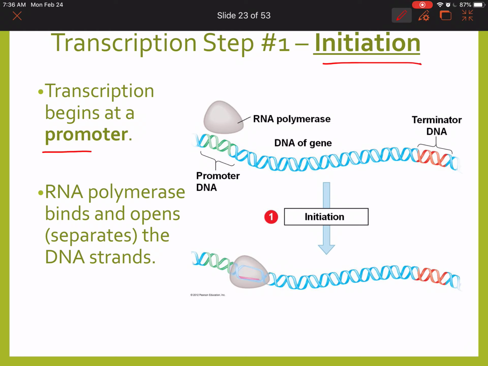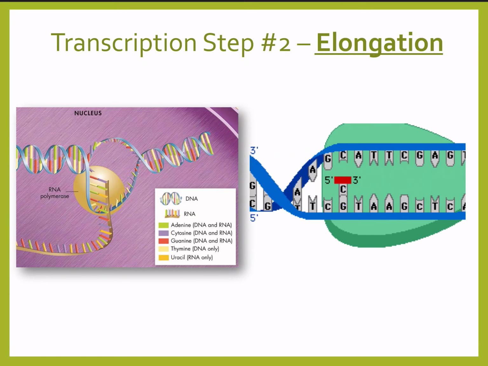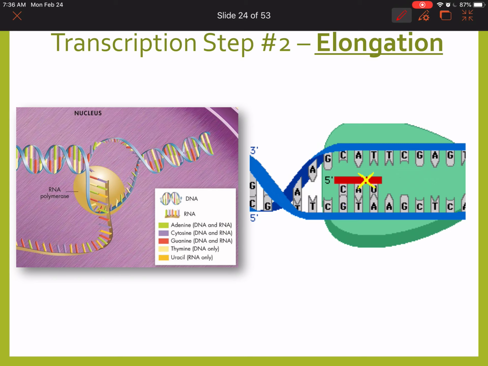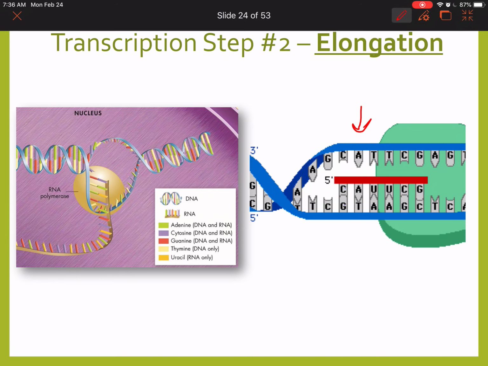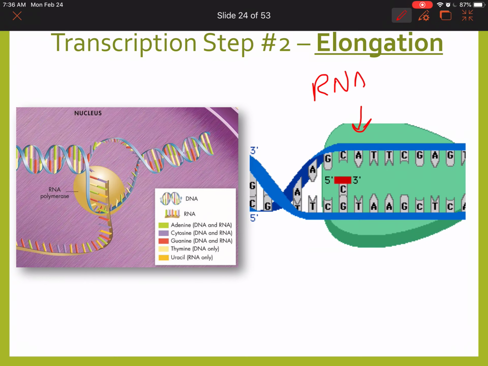Initiation begins at the promoter. Promoter here. Okay? The promoter is kind of like a capital letter in a sentence. It indicates this is where my sentence begins. Start reading here. So RNA polymerase starts right there. Then elongation occurs. The RNA polymerase moves. That's that kind of green blob that keeps moving. That green blob is the RNA polymerase.